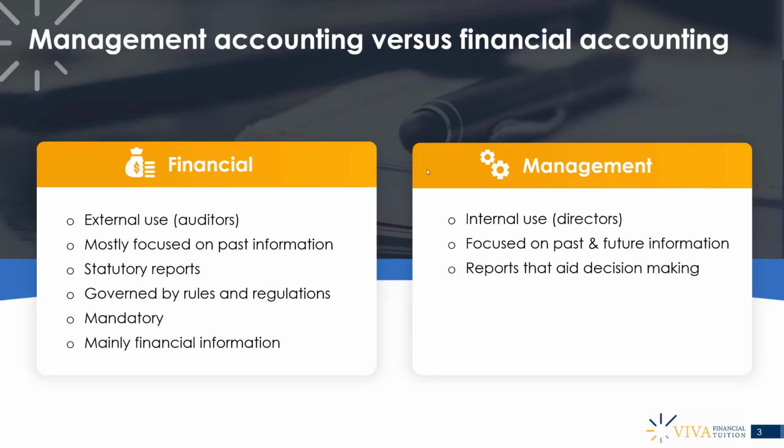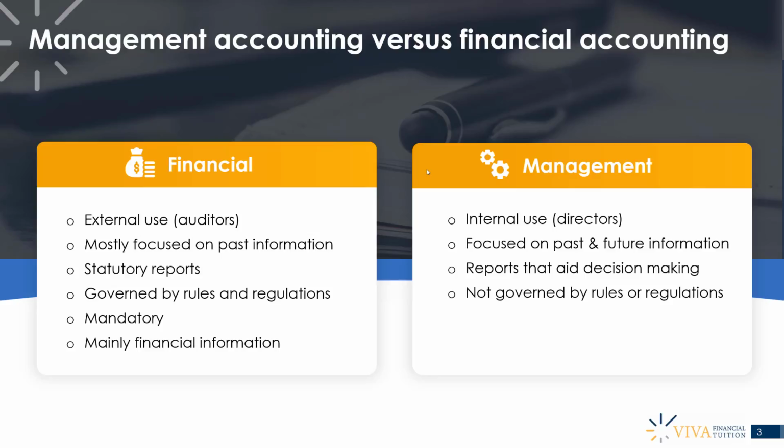So helping management make good decisions, and those types of decisions might be pricing decisions or how many units to produce, what types of units to produce, all those kinds of decisions. Management accounting really helps to drive and optimize. It's not governed by rules or regulations, so it's very much ad hoc.